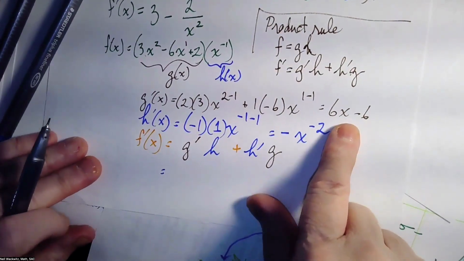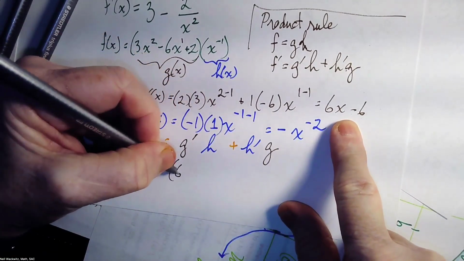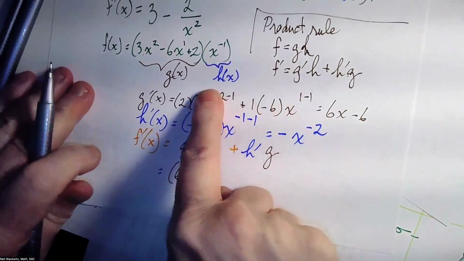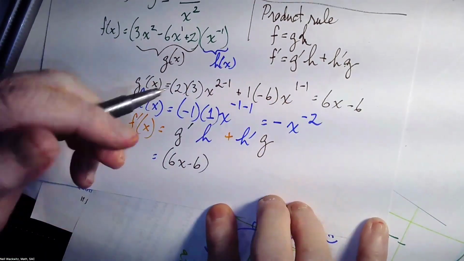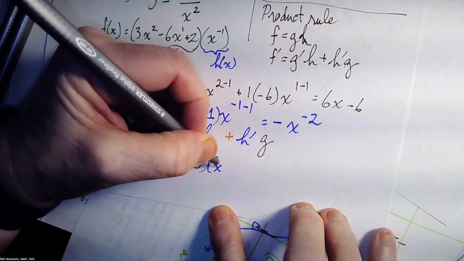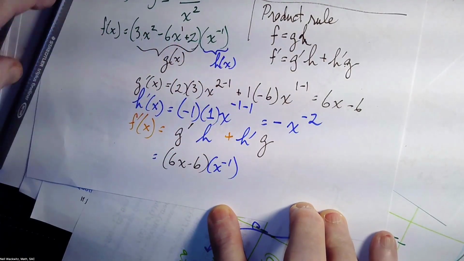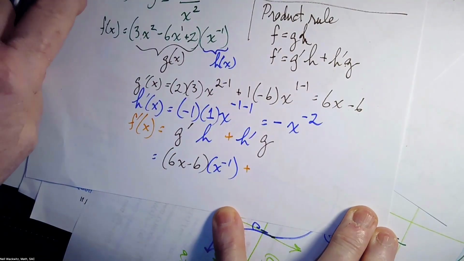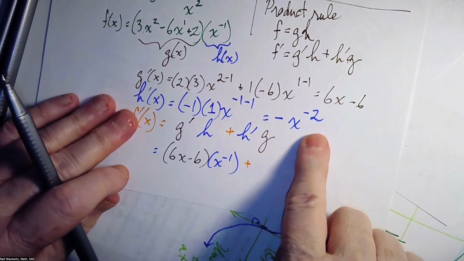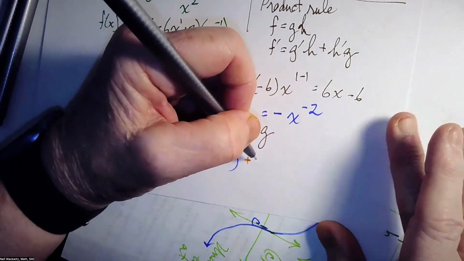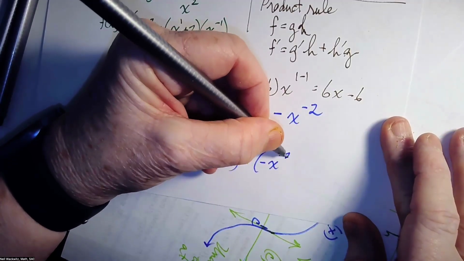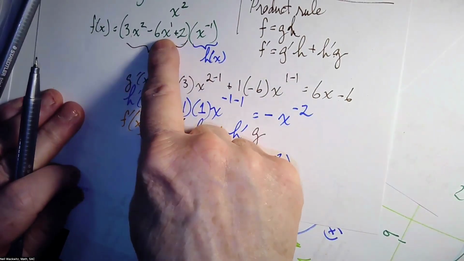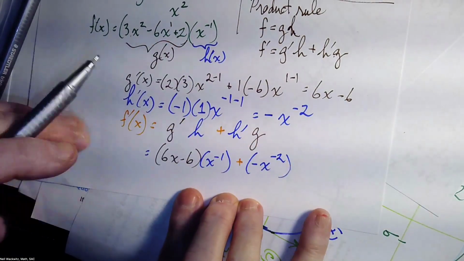G prime was 6x minus 6. H is x to the negative 1. H prime was negative x to the negative 2. And g was 3x squared minus 6x plus 2.